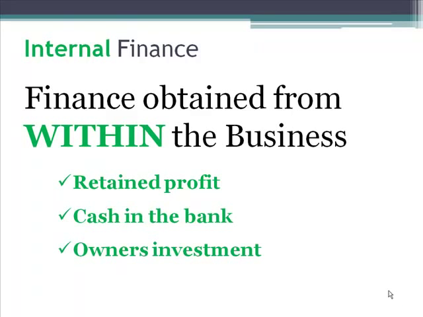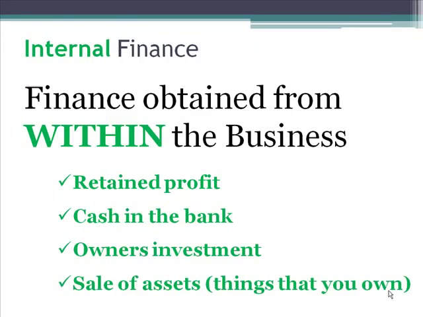Again, this is an internal source of finance. And the sale of assets, or things that you own. If you own a pizza shop and you sell your oven, for example, for 10 grand, that's money you've gained from within the business, and that's a source of finance. So these four sources of finance are all from within the business, so internal sources of finance.